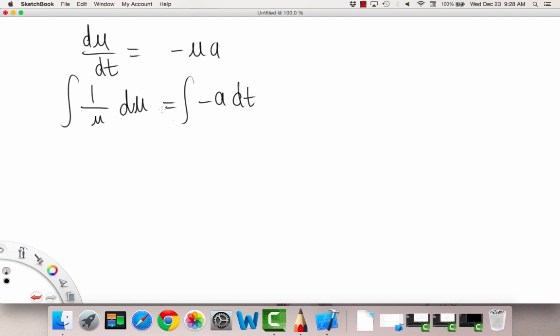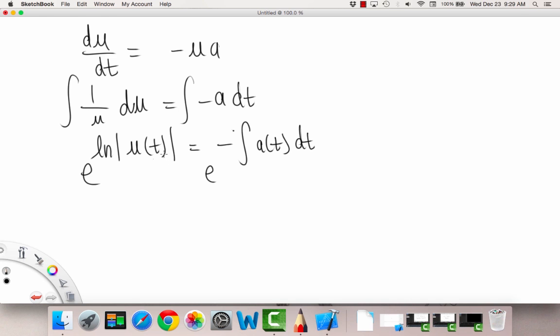So when we integrate with respect to each of those, then we get ln of mu of t, of course, and then is equal to the negative integral of a of t dt, okay? So when we solve for this, we just get mu of t is equal to e to the negative integral of a of t dt.